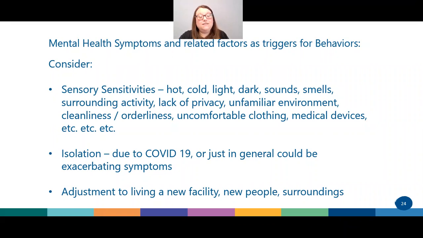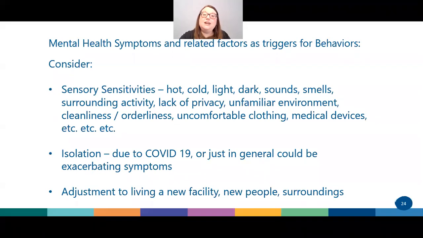If they suddenly don't have the privacy in this facility that they're used to enjoying in their own home, that could be triggering behavior. If they're in an unfamiliar environment, let's consider that as a trigger for behavior. Think about the cleanliness or the orderliness of their environment. It might not be up to their personal standards.